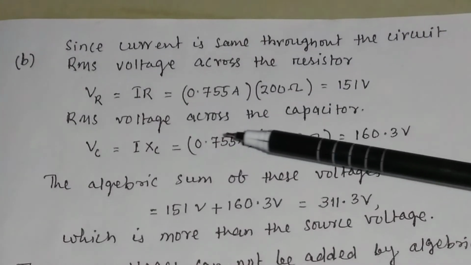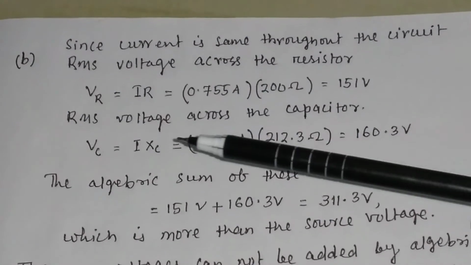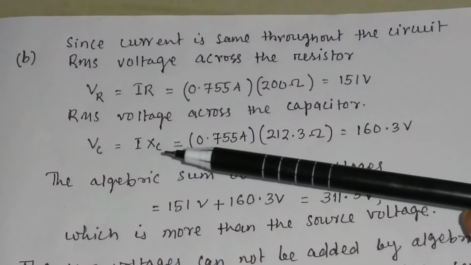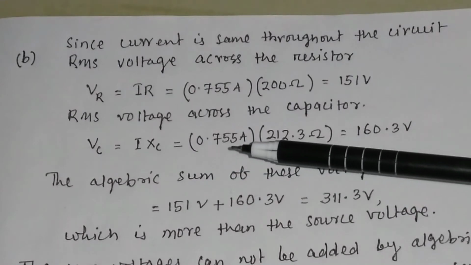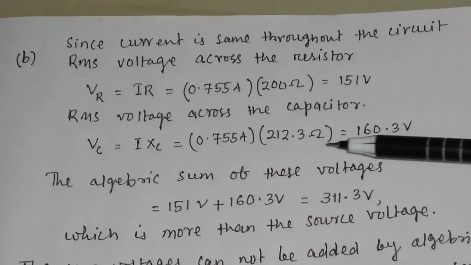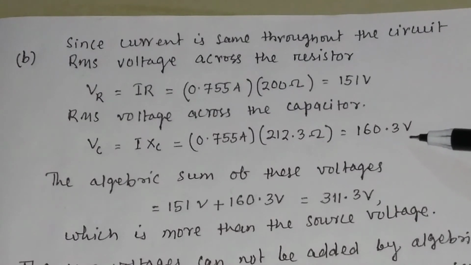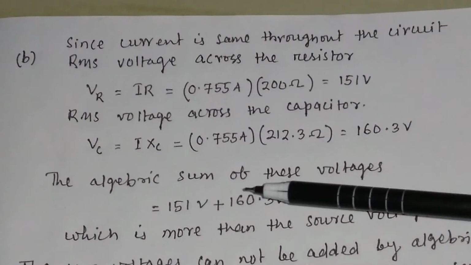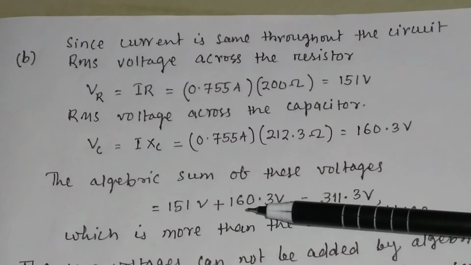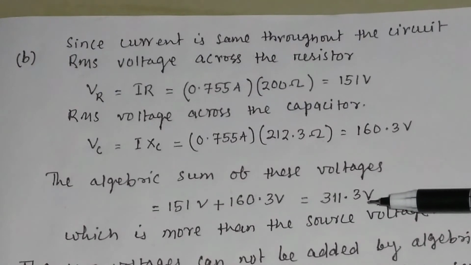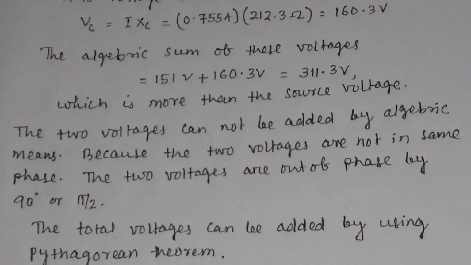Similarly, the RMS voltage across the capacitor, VC, is equal to I into XC, that is 0.755 ampere into 212.3 ohm, that is equal to 160.3 volt. So the algebraic sum of these voltages will be 151 volt plus 160.3 volt, which is equal to 311.3 volt.